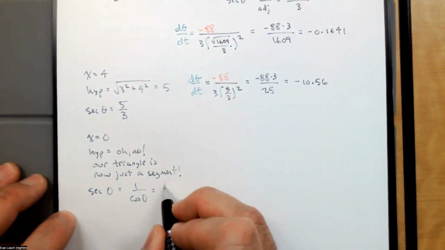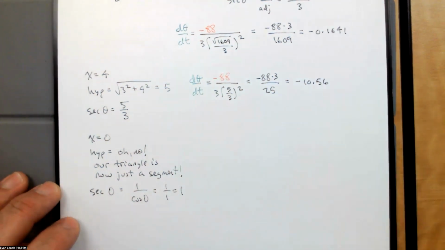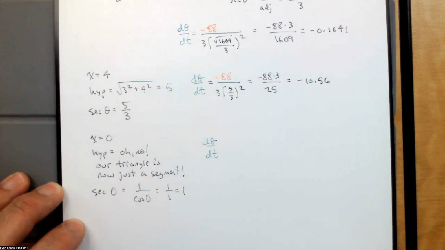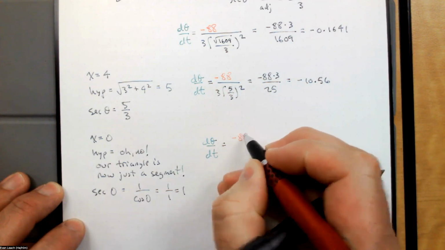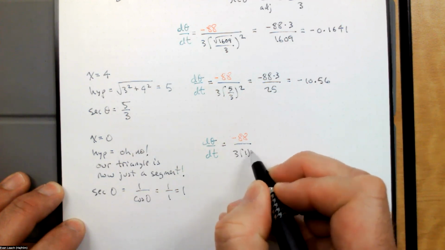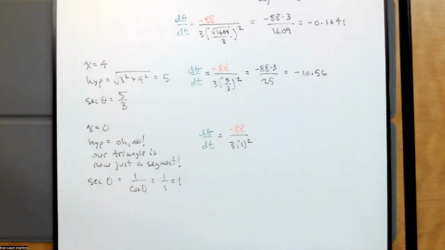It's not one of the undefined parts. So secant of 0 is 1 over cosine of 0. Cosine of 0 is 1, so secant of 0 is also 1. Secant is 1 over cosine.